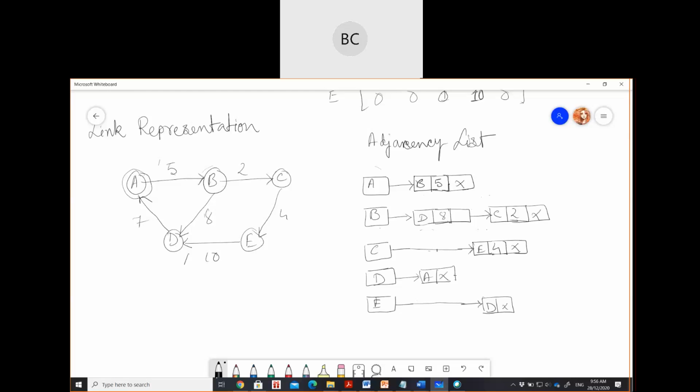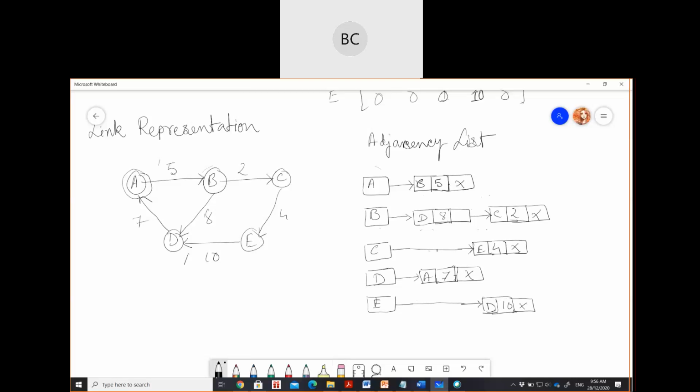From D to A there is an edge and the cost, or the weight, is 7. You need to store the value of that weight as well. Now for E it's 10. We need to write 10 and cross.